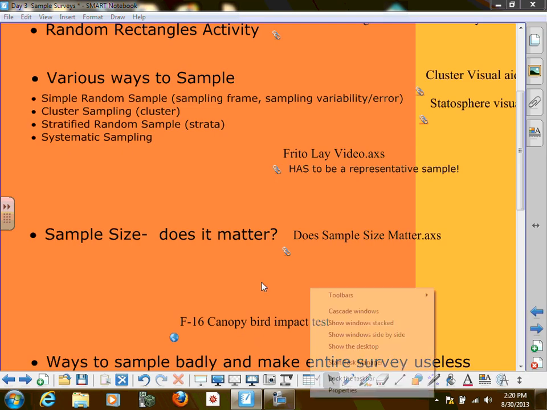If I can get this closed. Okay. All right. So this one is going to talk about the size of the sample and what size it needs to be in relationship to the population size. Let's see if that's working.